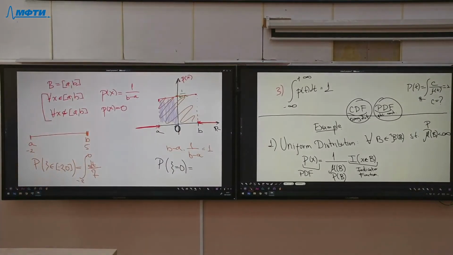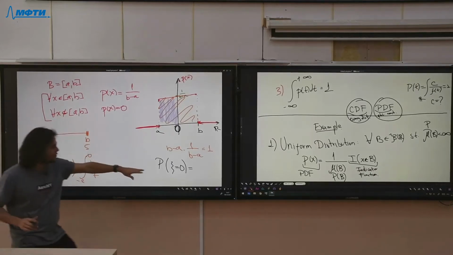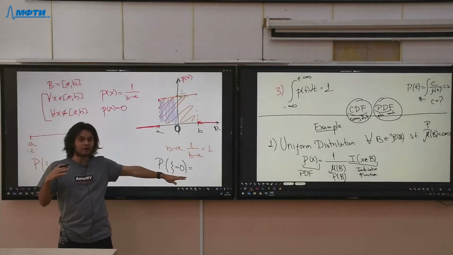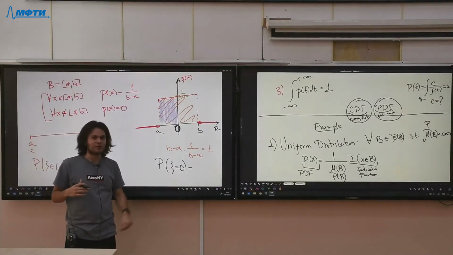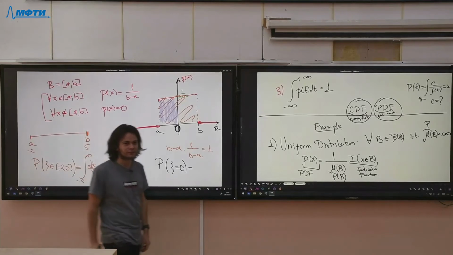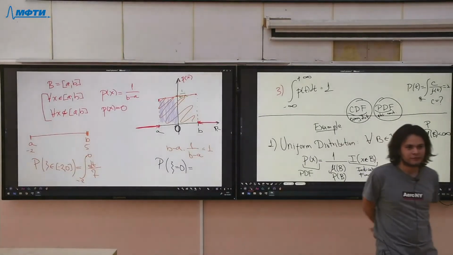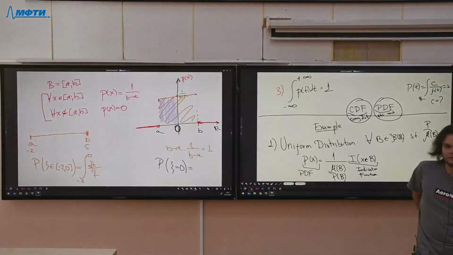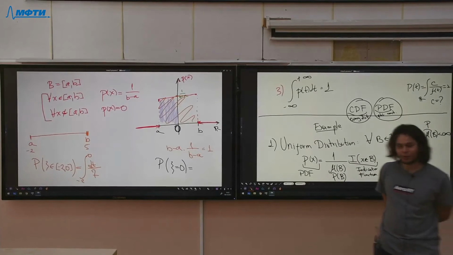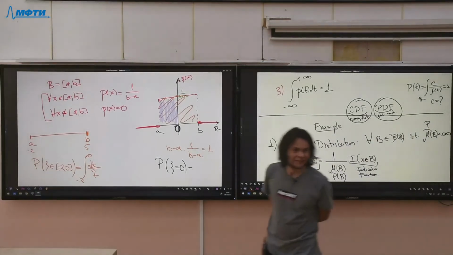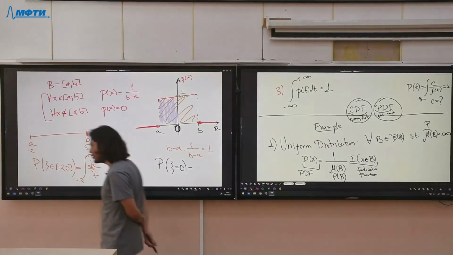We have an absolutely continuous random variable, uniform, right? And I'm asking you, what is the probability that this random variable, which is continuous, is equal to 0? Zero, right? Because this is continuous.